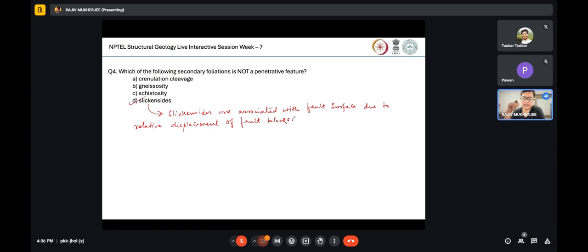So if you observe a fault in a brittle-ductile regime, especially phyllosilicate-rich faults, you will see that even though you have a very definitive fault plane, if you go beyond that fault plane and break some part, you will also find very feeble slickenlines on the surface as well.